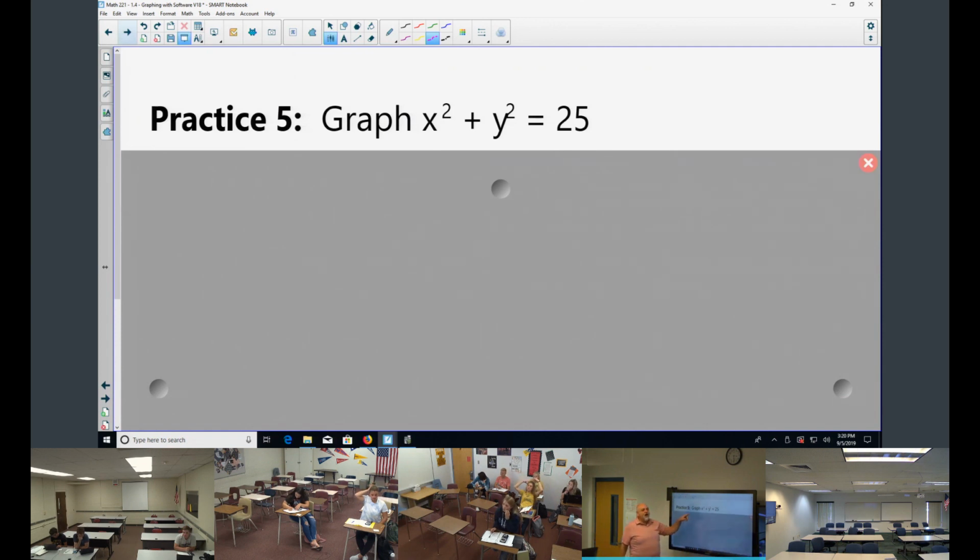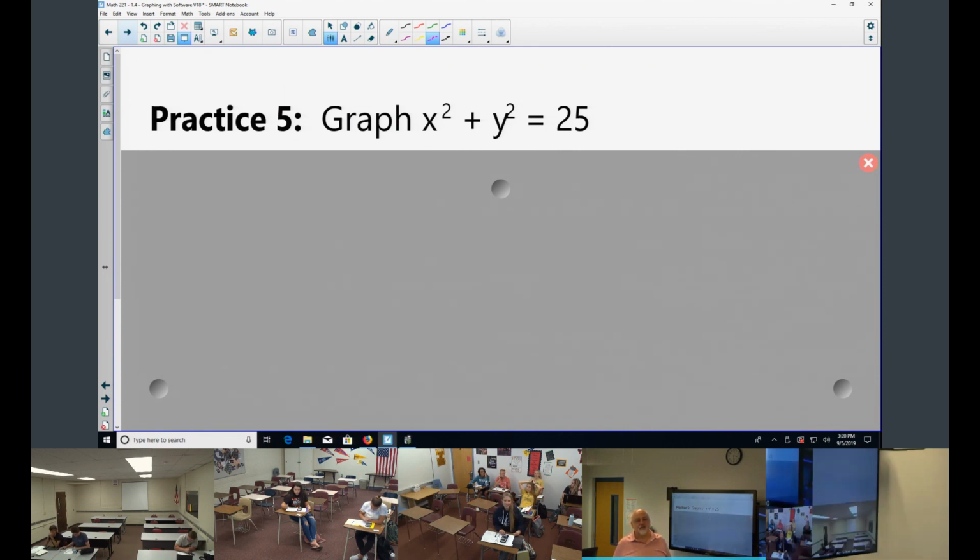Okay, so now how would you graph something like this? Can anyone tell me? Please, go ahead. John, how do you do it? You have to solve it for y.